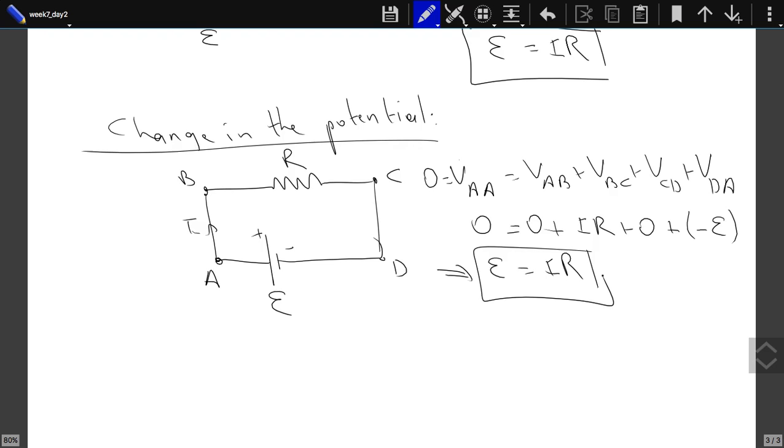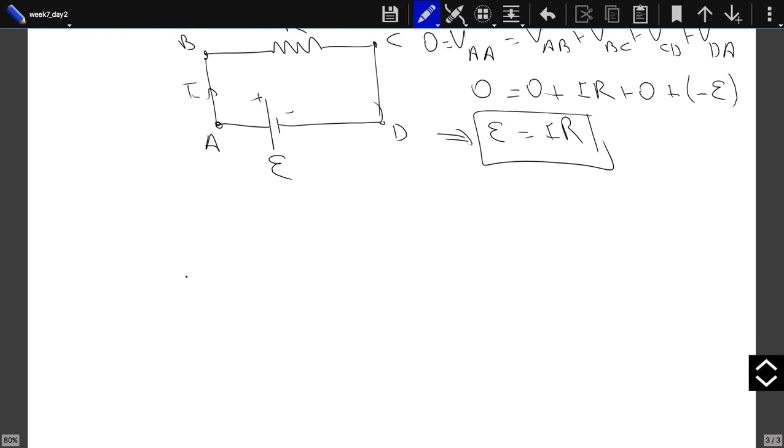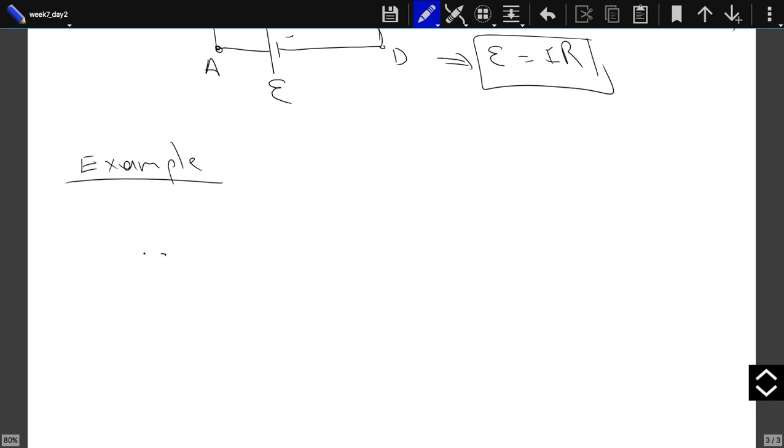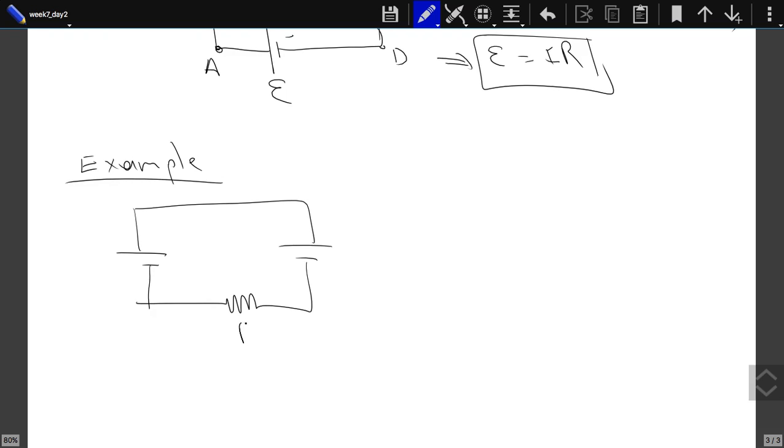Now let's go back to our previous example. This is epsilon 1, this is epsilon 2. Now there's one problem.